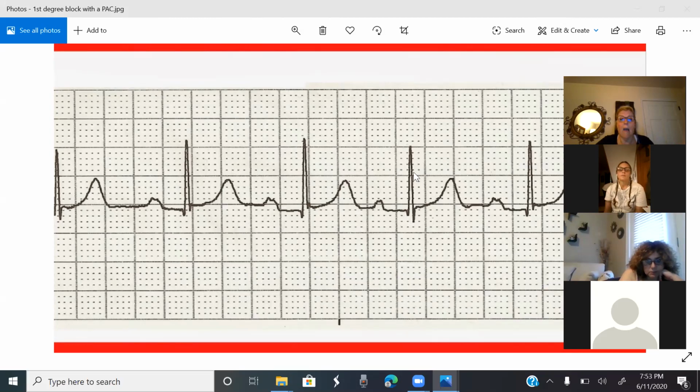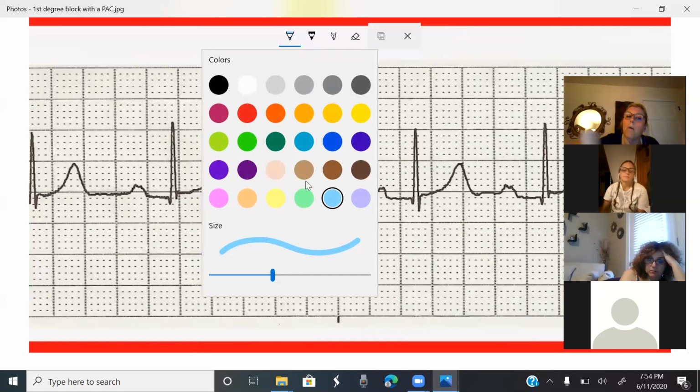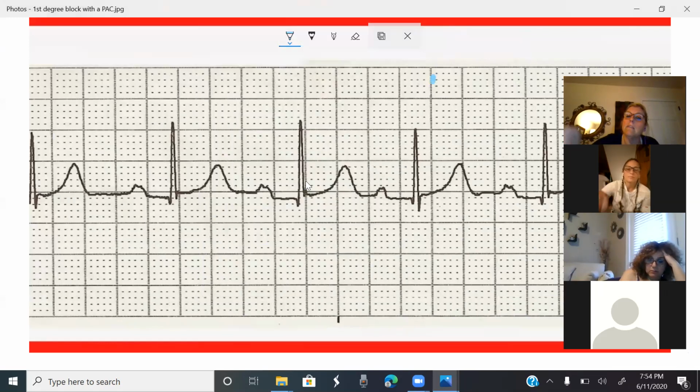How many are we seeing in this box? Can we count that one really as a heartbeat? Are we seeing the whole thing? No. If you have one that falls right there, I wouldn't count it. I mean, you could, but are you seeing the whole thing? So let's just count it as 1, 2, 3, 4, 5. Are we seeing 6? So what's our rate? 60. Okay, our rate is 60.